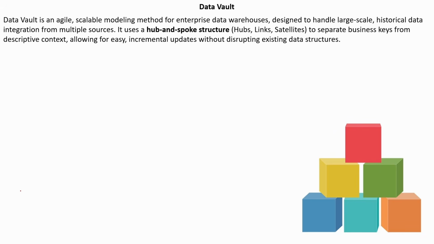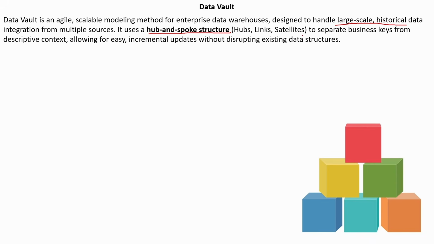If I go to the definition, data vault is an agile, scalable model method for enterprise data warehouse designed to handle large scale historical data integration from multiple sources. It uses a hub and spoke structure. Okay, this structure has three core components. Those are hubs, links, and satellites.